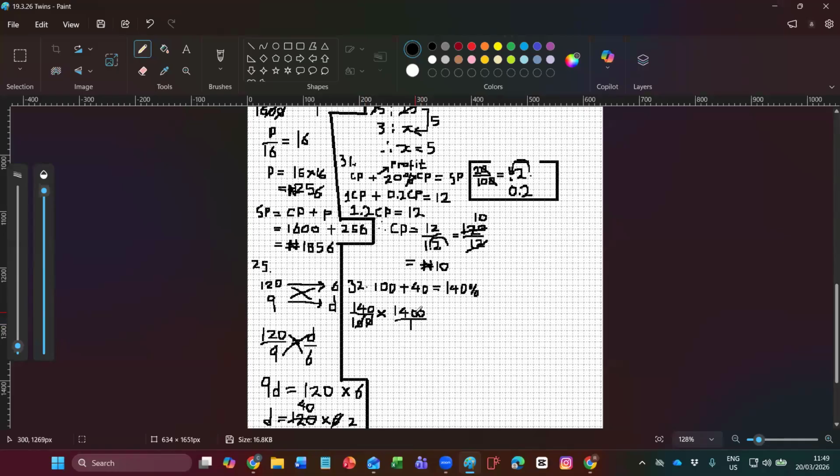14 times 140. 14 times 14 is 196, right? Yes. So can you add zero behind it? That's 1,960. Do we have an option like that?